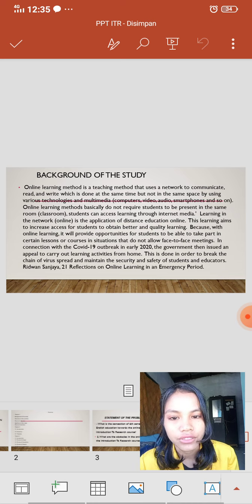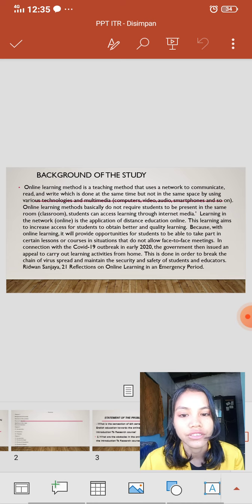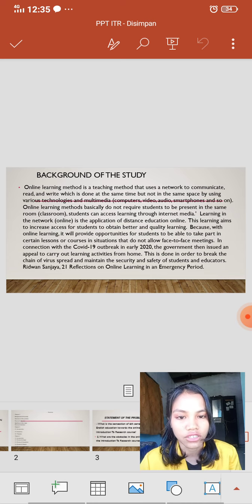Online learning basically does not require students to be present in the same room. Students can access learning through internet media. Learning online is the application of distance education.